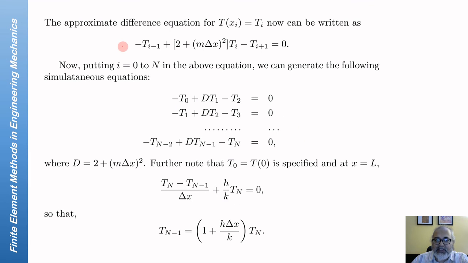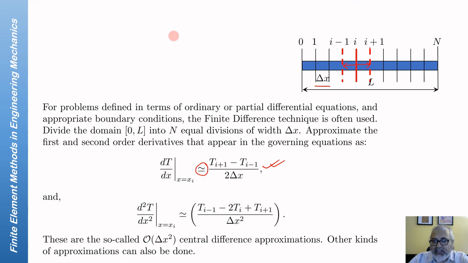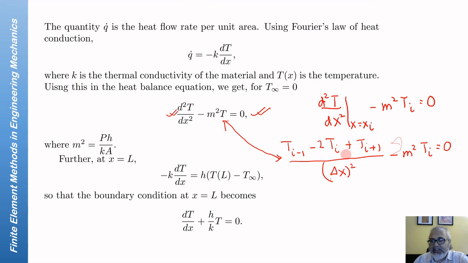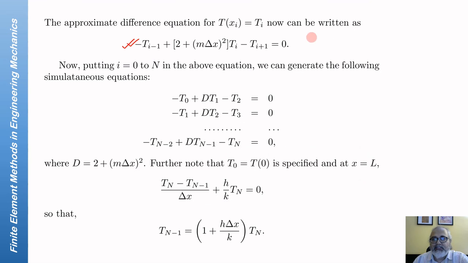This is the equation that we have for t equal to I, which is nothing but just a rearranged form of this equation that I have written. So I have taken ti minus 1, ti plus 1 and ti terms together, and when you do that, this is what you get. This is the equation for I. Now if I write it for t equal to 1, let's say, then this would be t0.